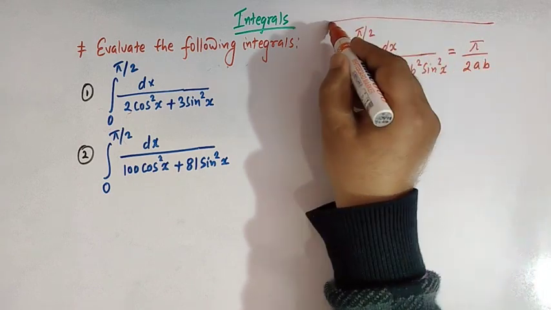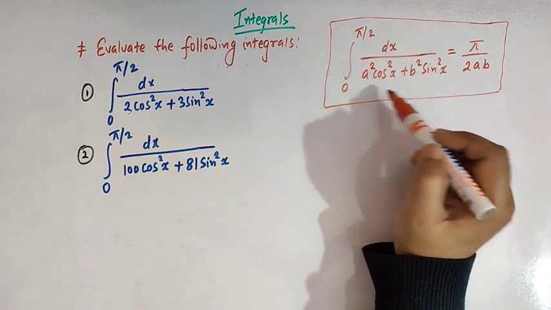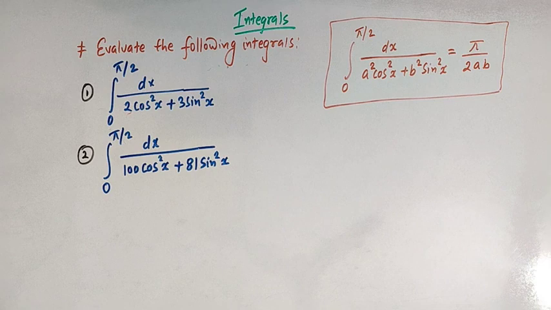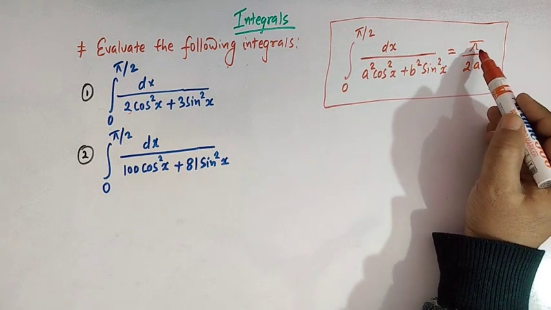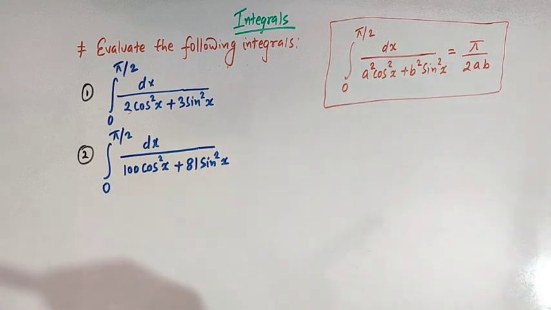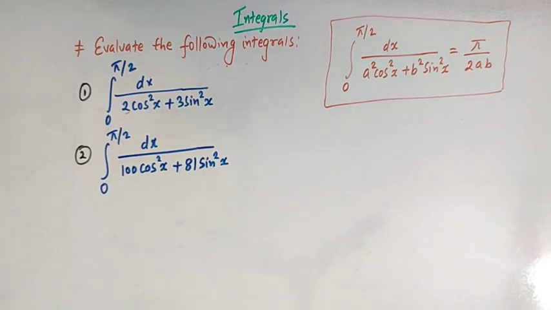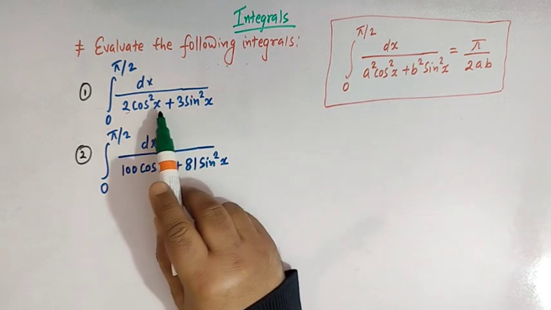This is our result, and this is a very well known and famous integral. We can solve this integral and get the value pi over 2ab by the method of substitution.